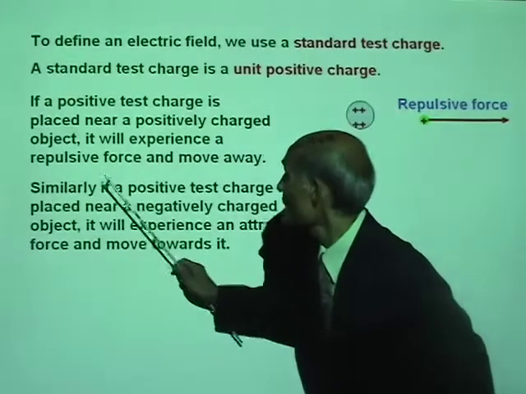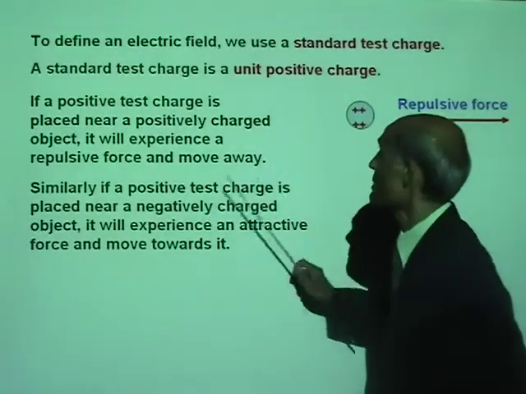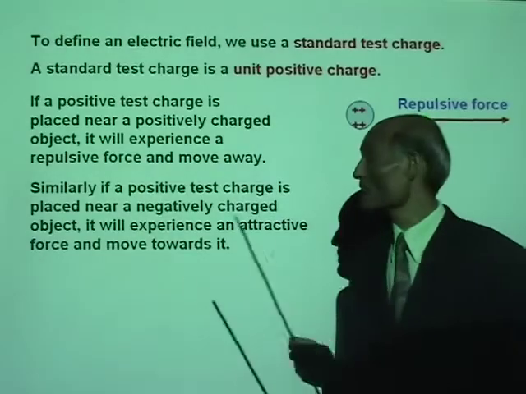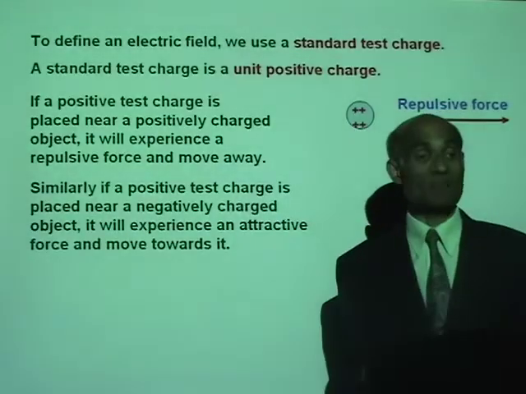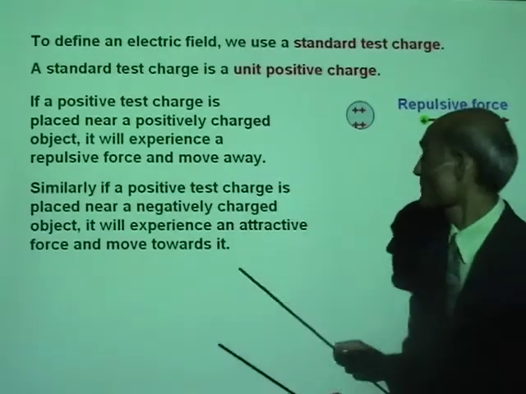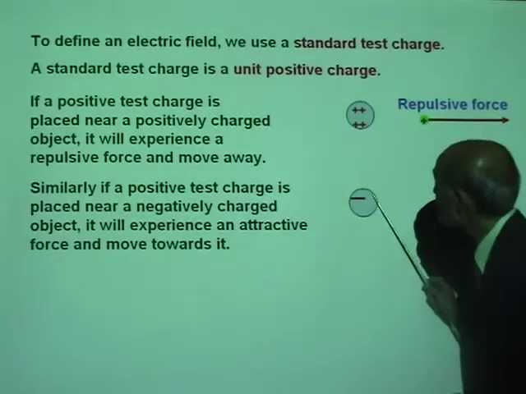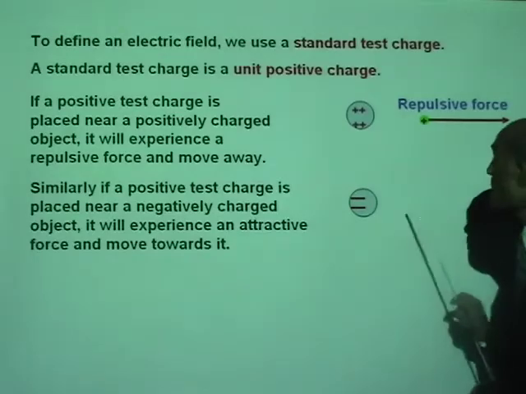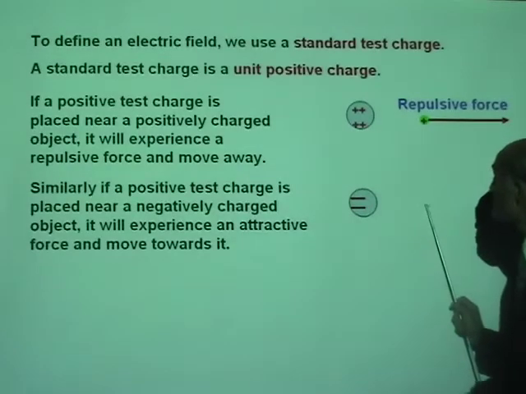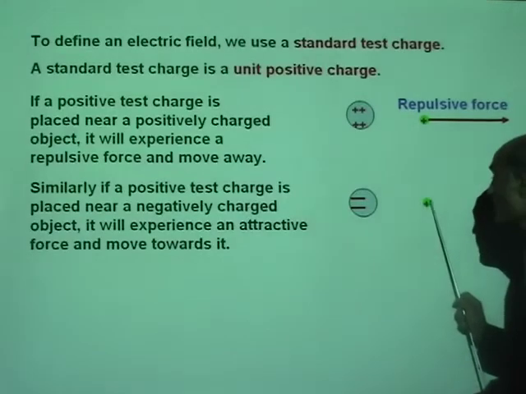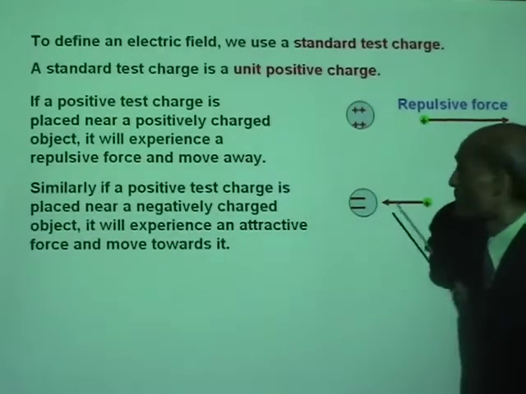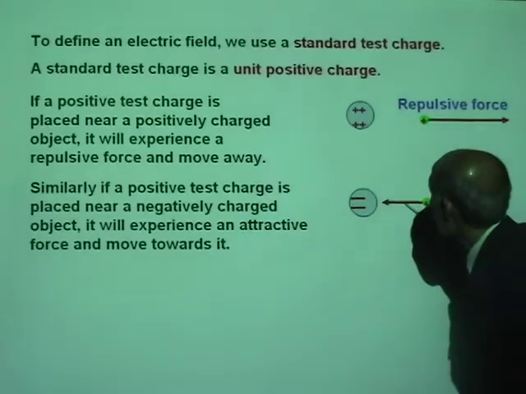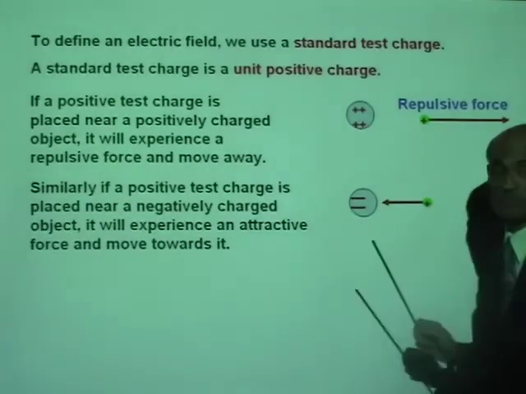Now similarly, if a positive test charge is placed near a negatively charged object, what will happen? Now here I have a negatively charged object. If I place my positive test charge here, what will happen to that test charge? It will be attracted. There you are. That means the electric field now is in that direction.